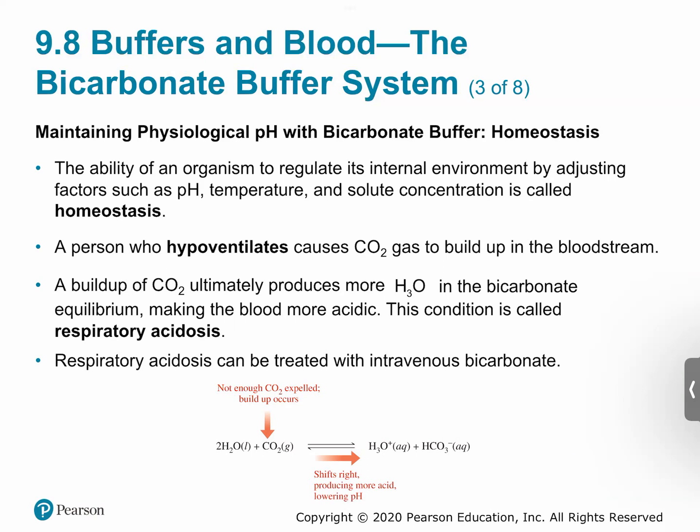So then you end up having a buildup of hydronium ions in the bicarbonate equilibrium, and that chemical reaction in the blood then is going to be more acidic because you have more hydronium ions, and that's called respiratory acidosis. Your blood pH is going to be too low, so you have to treat this with a base, right? So intravenous bicarbonate. You'll have an IV of a bicarbonate, like sodium bicarbonate sometimes, something like that.